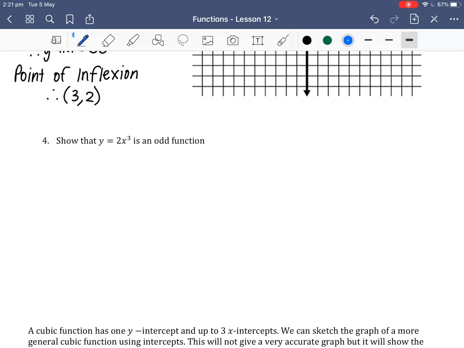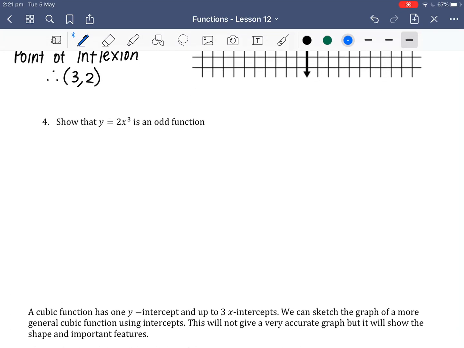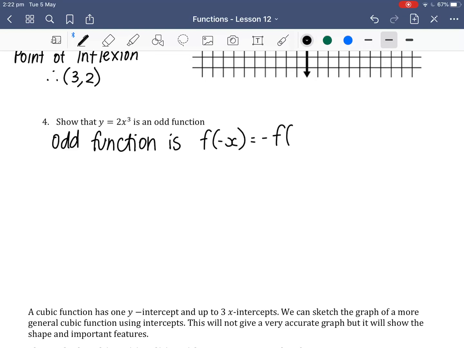Finally, we want to show that y = 2x^3 is an odd function. So just recapping our memories, an odd function is when we sub in -x for x, we get the negative version of the function.